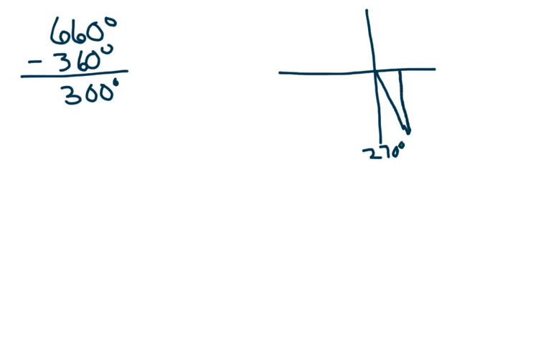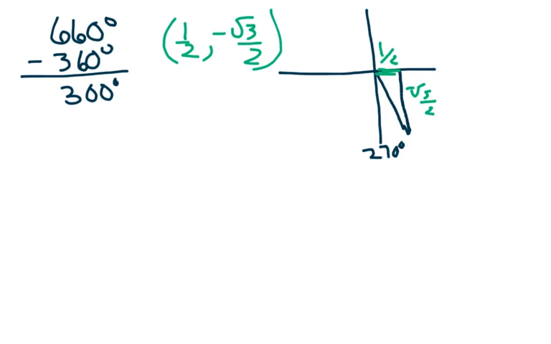So here I know that my shorter side is 1/2. My longer side is root 3 over 2. Since we're in quadrant 4, y is negative. So the point I'm dealing with is x is 1/2 and y is negative root 3 over 2.